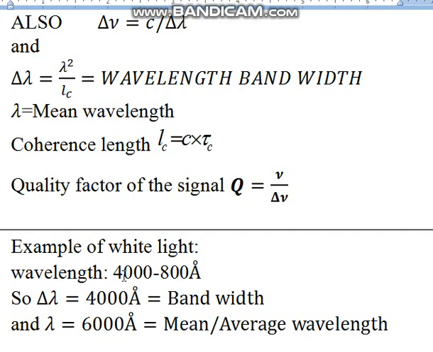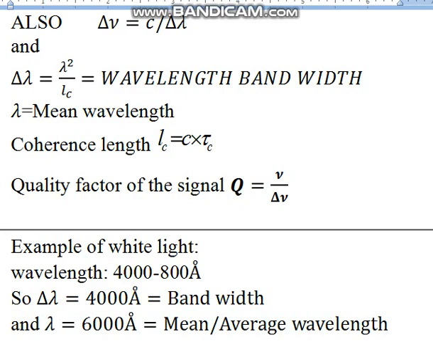The wavelength is 4000 to 8000 angstrom in the case of white light. So here the difference in wavelength is 4000. This is known as the bandwidth of the light source. And what is the mean value? 4000 plus 8000, 12000, divided by 2. So the mean wavelength is 6000 angstrom.